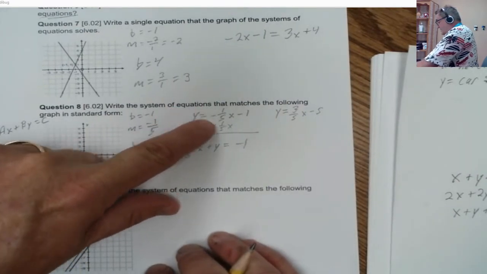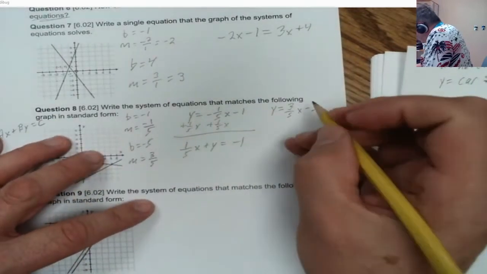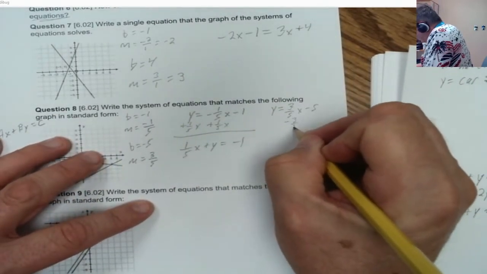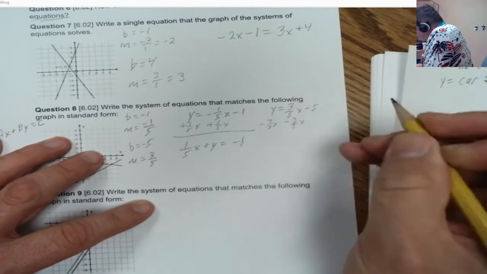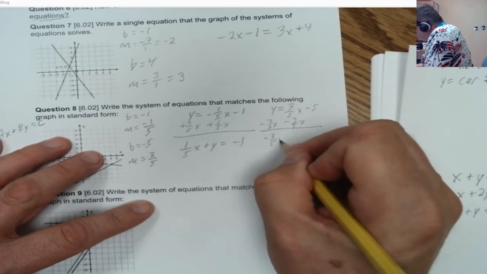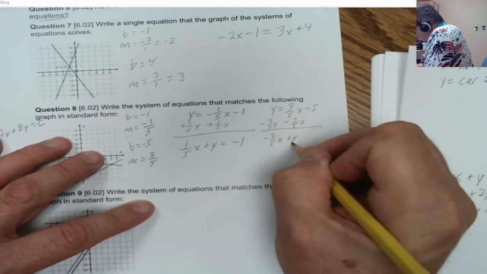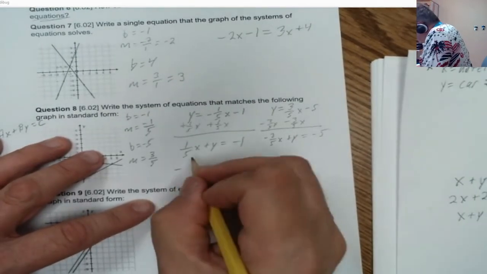Those cancel out. -1 is the only thing left on the other side. The other one, we need to subtract 3/5 x from the y. So on this side, we got -3/5 x plus the y equals -5. So we put those one right underneath the other one.